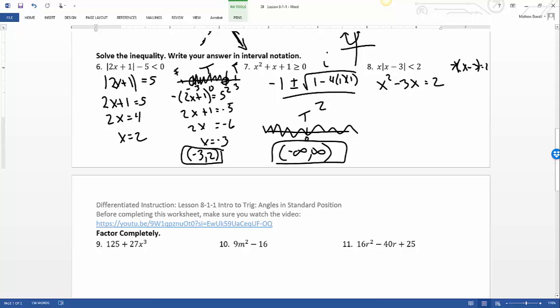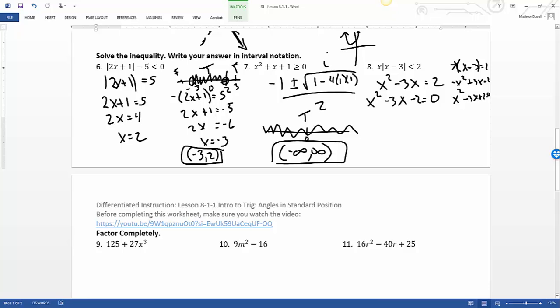Distributing this, I'm going to get myself some room. It's quadratic, so I want to bring it over. So the factors of negative 2 that add to 3. And then on the other one, I get negative x squared plus 3x equals 2. If I bring everything to the other side, I get x squared minus 3x plus 2 equals 0.